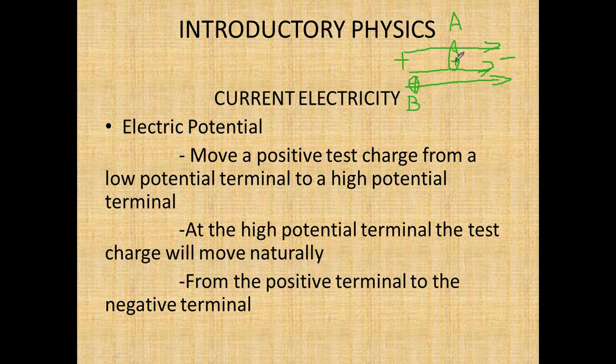So similarly, if you move this positive test charge towards your positive source charge, you're going to give it electric potential energy. Okay? And then that electric potential energy will be converted to electric energy, right? Okay? All right. So let's move on.